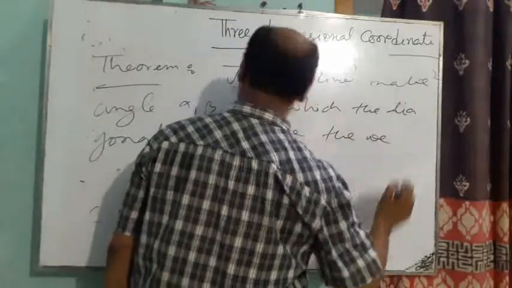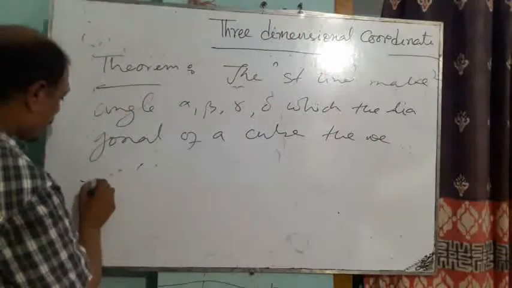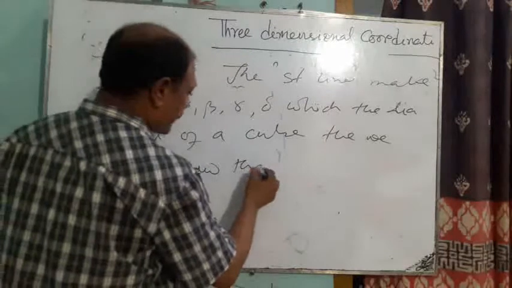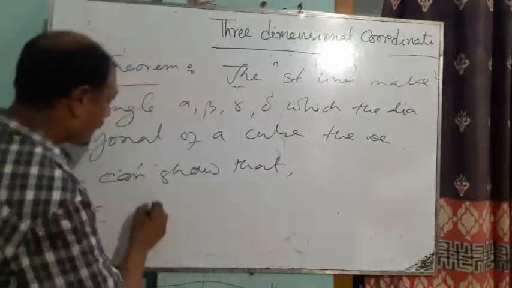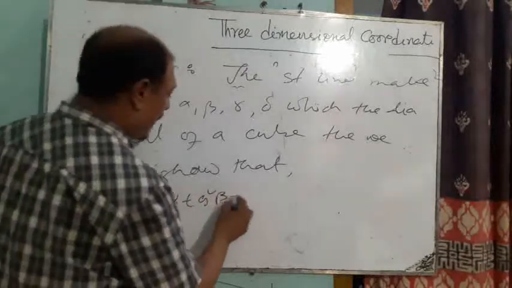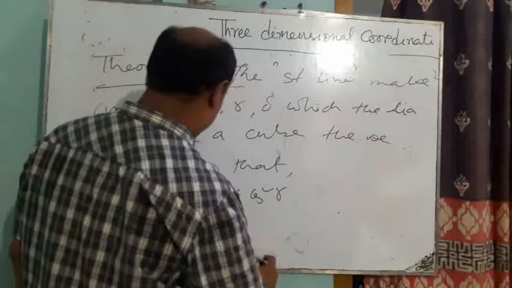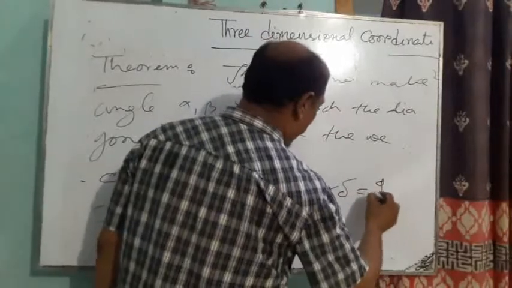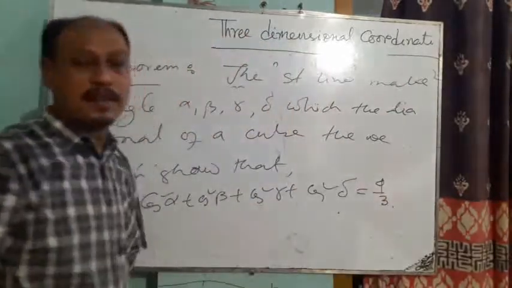Then we can show that cos square alpha plus cos square beta plus cos square gamma plus cos square delta equal to 4 by 3.